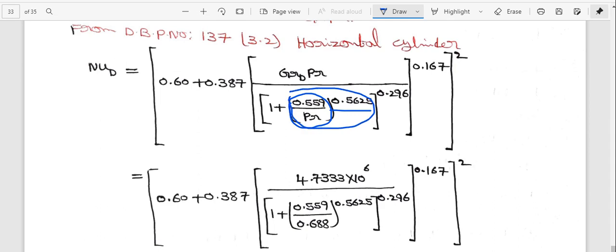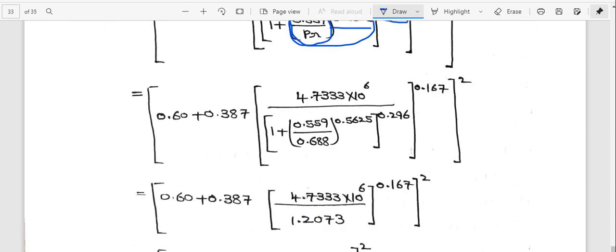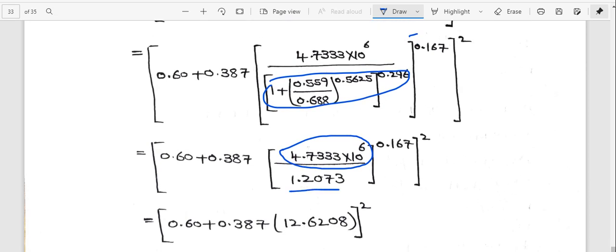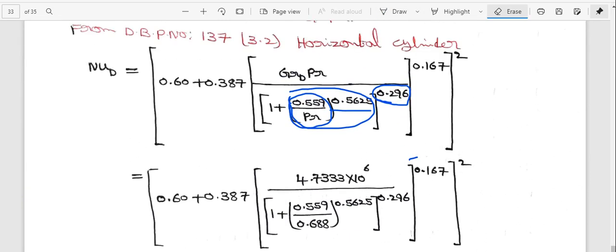After that you have to apply 0.296 as the power of this equation. After completion of this, we have to apply 4.733 into 10 power 6 by 1.023 value. So here this is the data book formula.